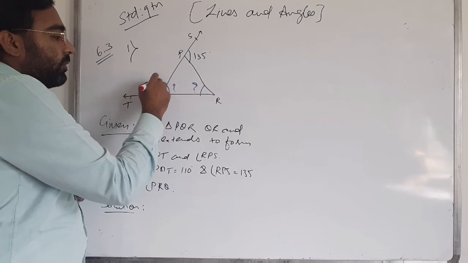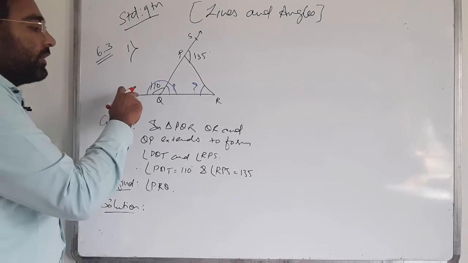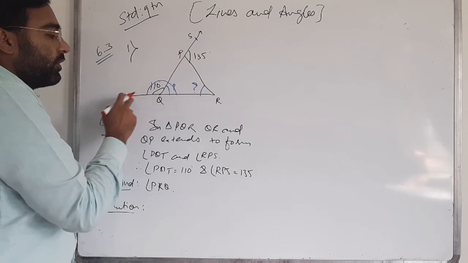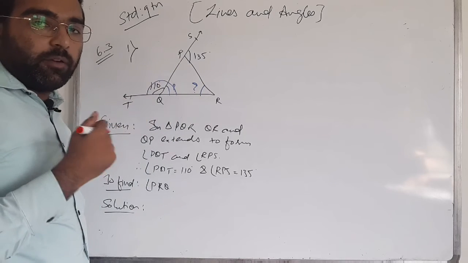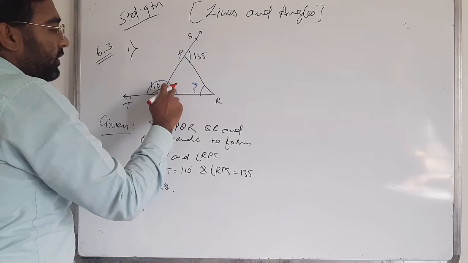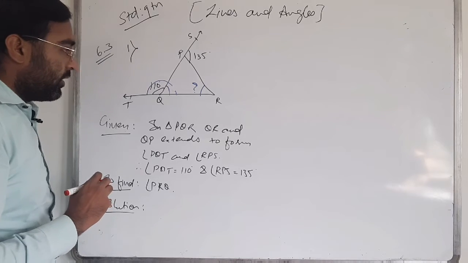Now I'll take this angle from here: angle PQT and angle PQR form 180 degrees, a linear pair of angles. So first of all I'll find this angle.